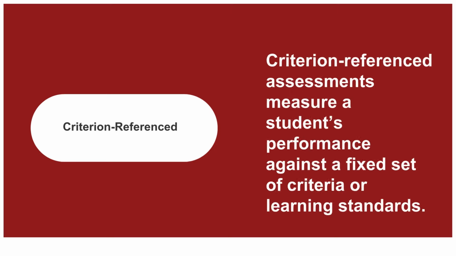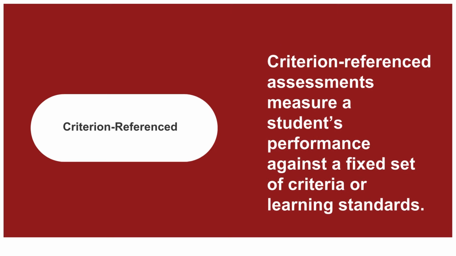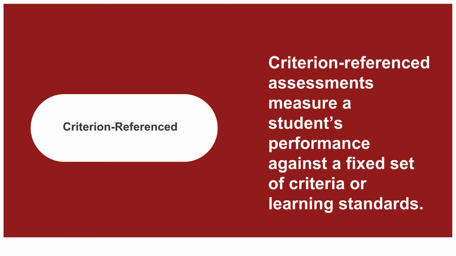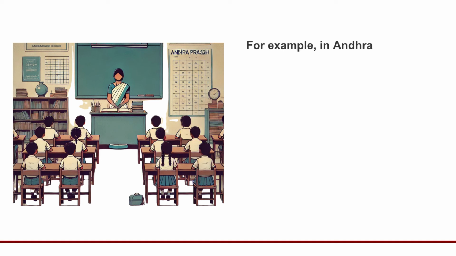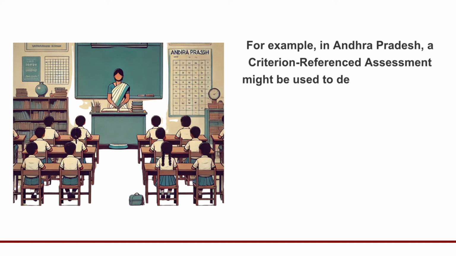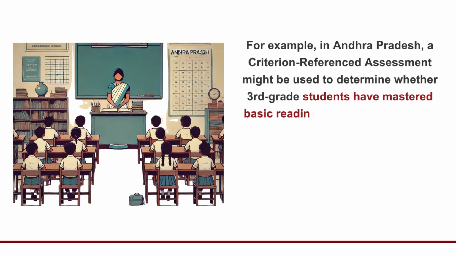Criterion referenced assessments measure a student's performance against a fixed set of criteria or learning standards. For example, in Andhra Pradesh, a criterion referenced assessment might be used to determine whether grade 3 students have mastered basic reading skills.